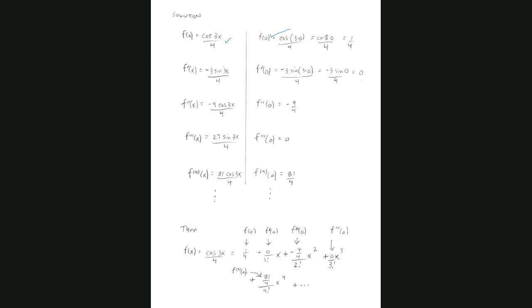And then I'm going to compute f prime of x, and then f prime of 0. Then I'm going to compute the second derivative of f, and then f double prime of 0. So in order to build up the series, I need to compute derivatives of the function at 0.